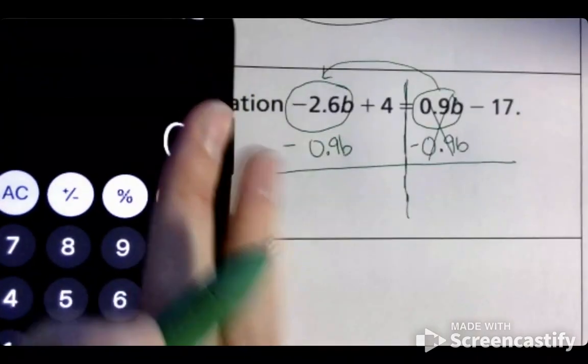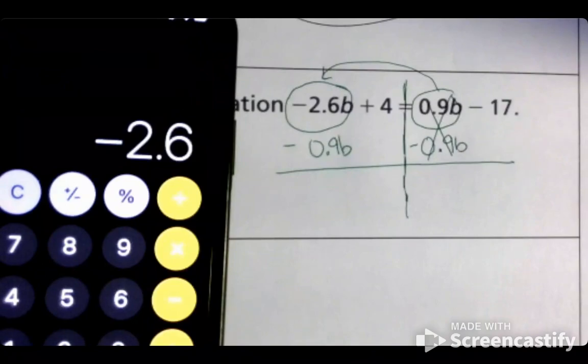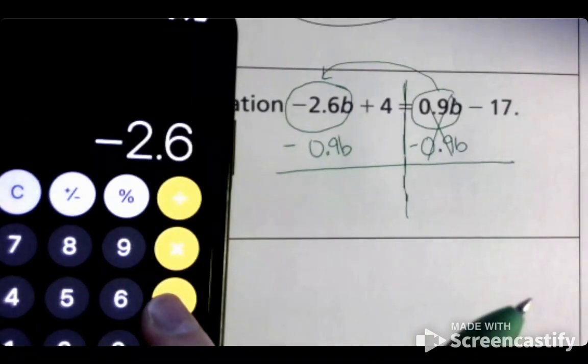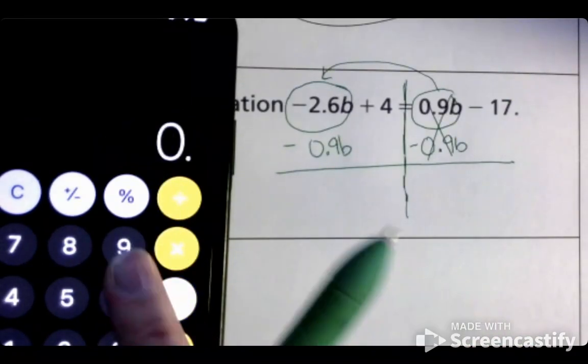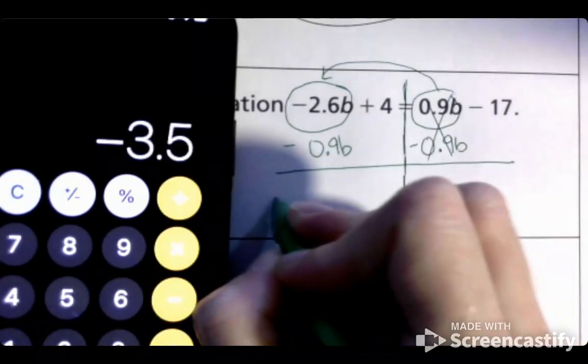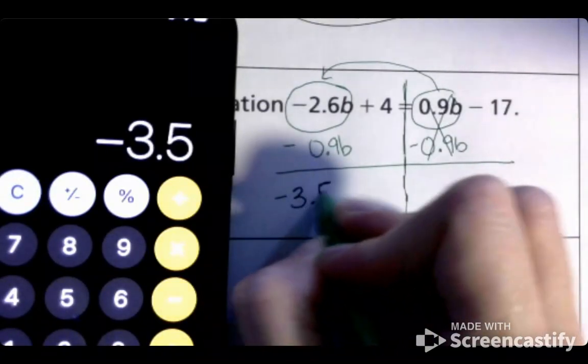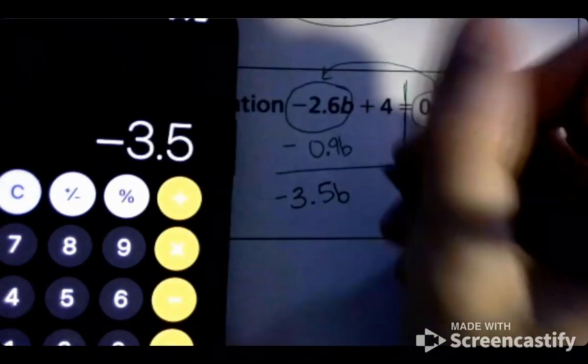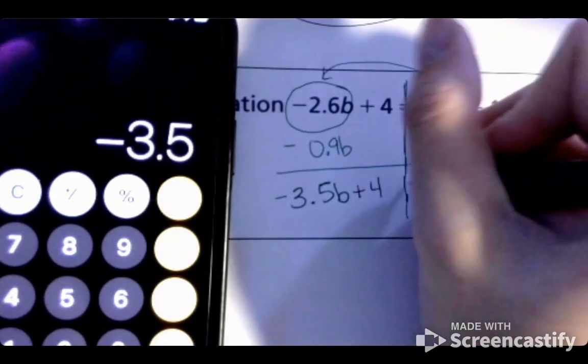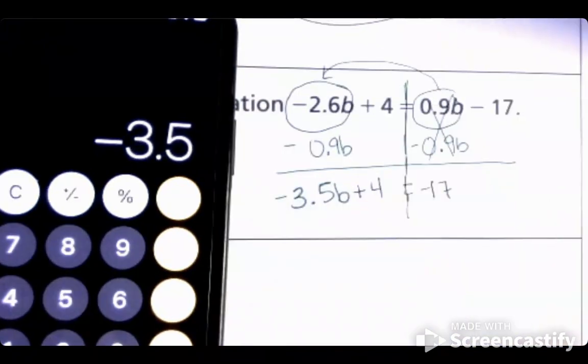Because our negatives are sometimes a struggle. If you got it, that's fine, but some of us are still having trouble. So we have negative 2.6 minus 0.9, and that is negative 3.5b. I still have a positive 4, and I still have a minus 17.